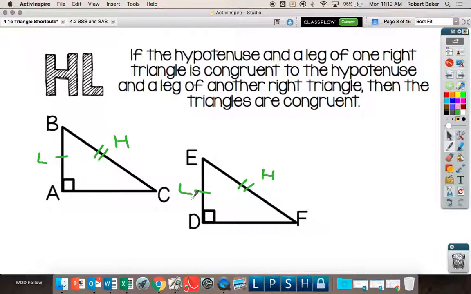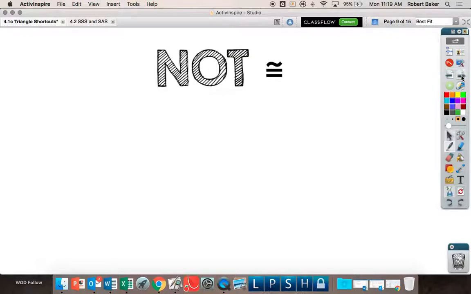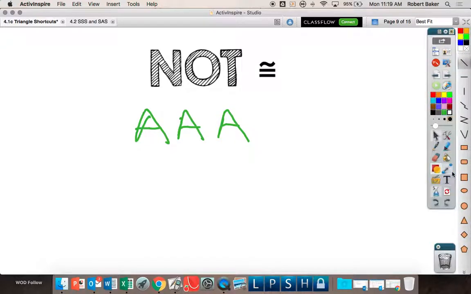Now, what does not prove congruence? Angle, angle, angle does not prove congruence. So here's my equilateral triangle tool.